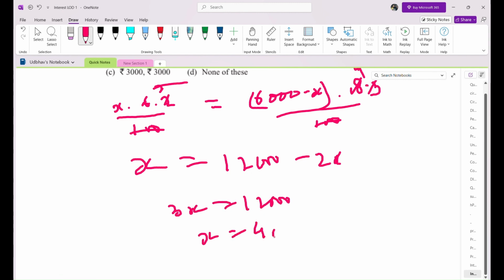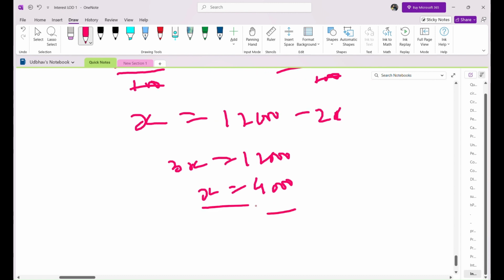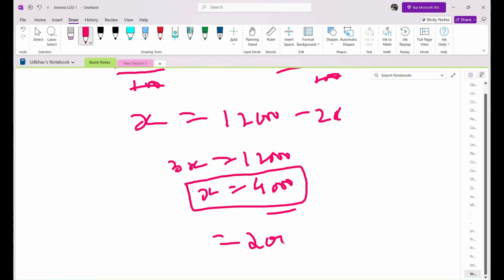X equals 4,000. So if x is 4,000, the other part will be 2,000.